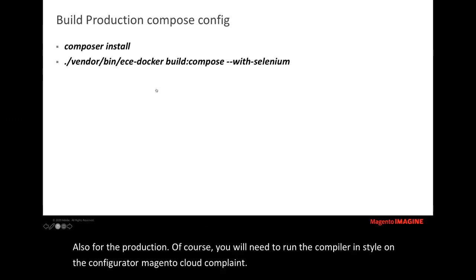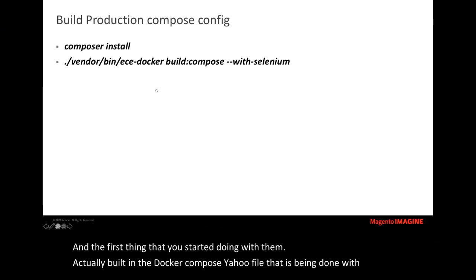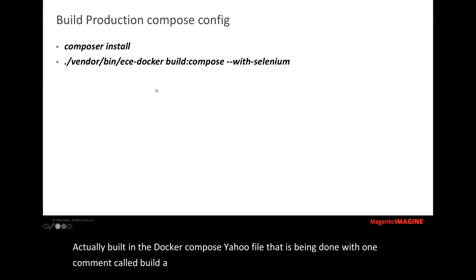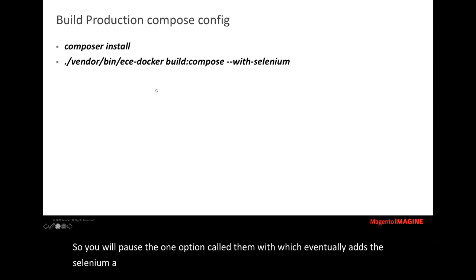The first thing you do with Magento Cloud Docker is build the Docker Compose file, which is done with one command called build compose. You pass one option called with Selenium, which adds the Selenium service, the Selenium container, and also adds a few environment variables needed for proper Magento configuration on the backend.